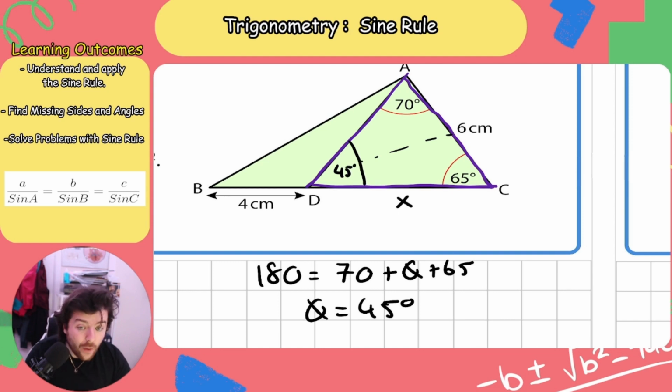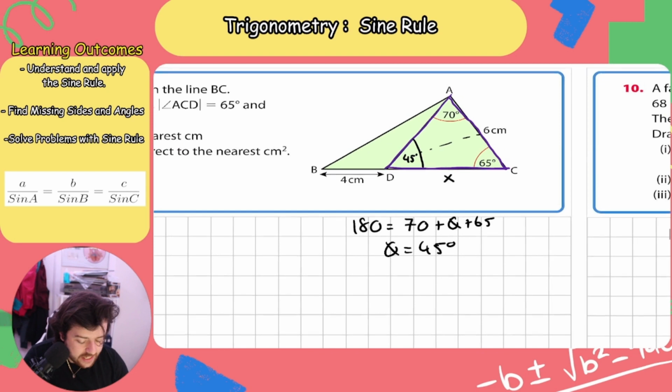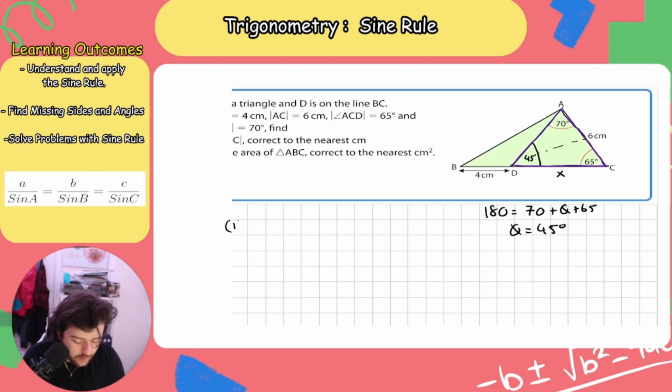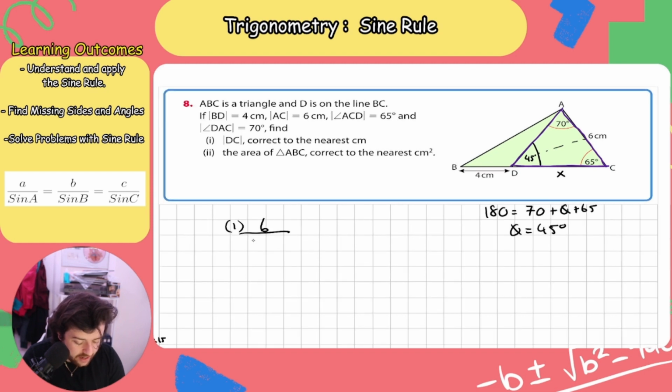Okay, now I can use my sine rule, right? So looking here, I have 6 divided by sine 45 should be equal to x divided by sine 70 because I'm looking for DC. So I'm looking for length DC. I just labeled it x.